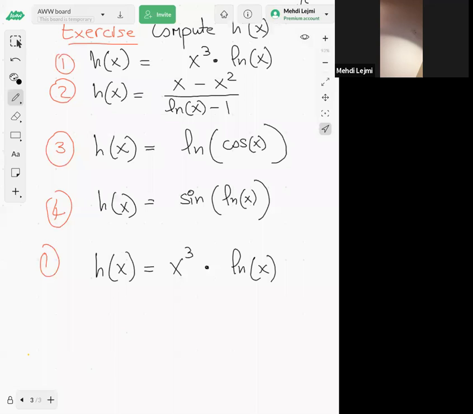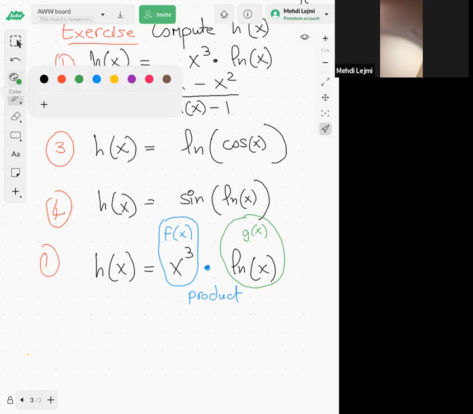Because it's a multiplication, it's a product of f of x, which would be x cubed, and g of x, which would be the ln of x. Now, what does the product rule say?